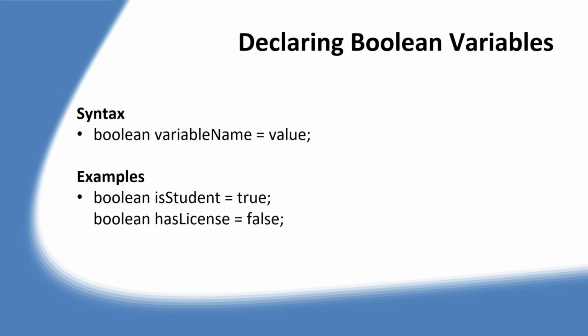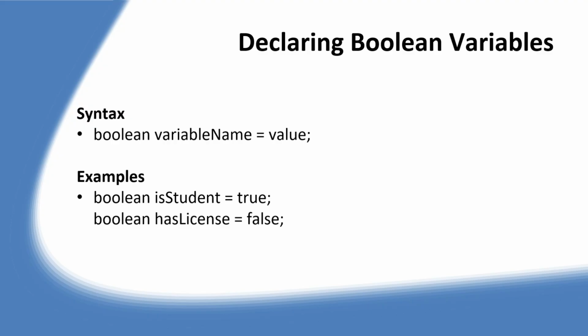To create a Boolean variable, we use the boolean keyword. So, for example, boolean isLoggedIn equals true. So the syntax is boolean variableName equals value.